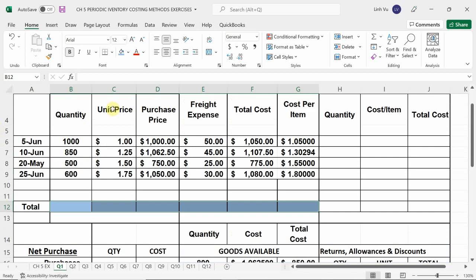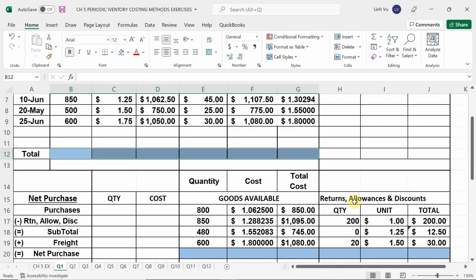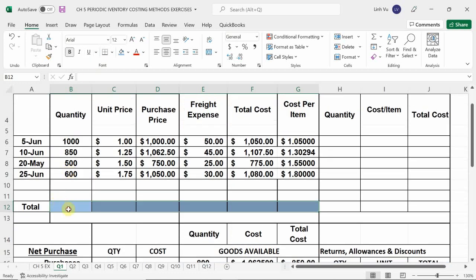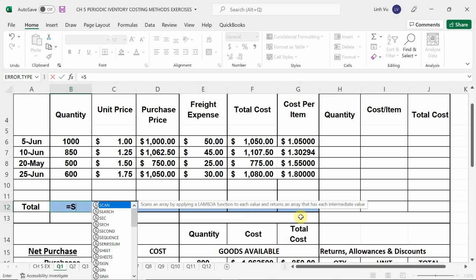Because I left this alone, I need to determine how many items I purchased in grand total and then counter them against my returns, and that should give you your net purchases equal to your goods available. So what is my total amount of items that I originally purchased?